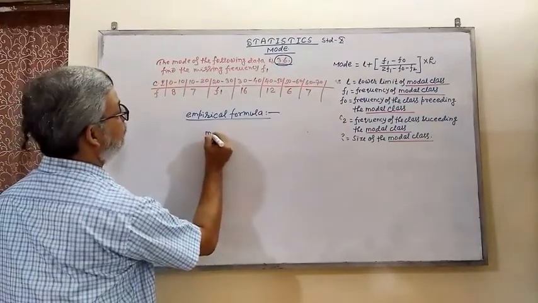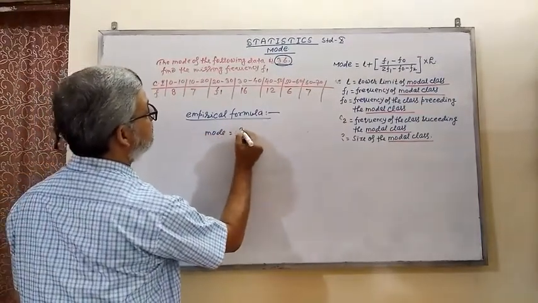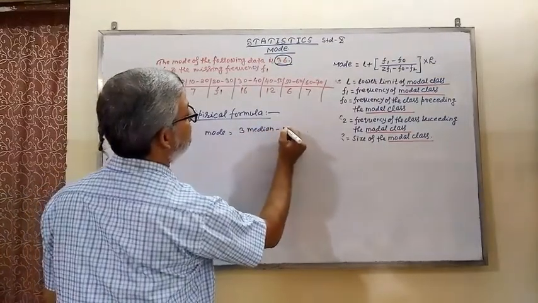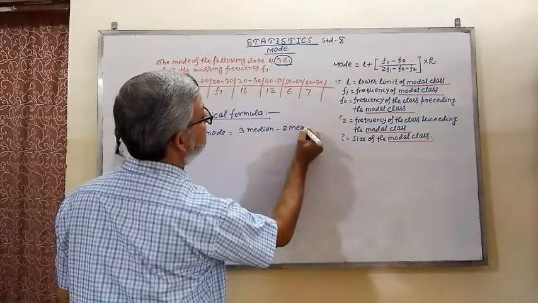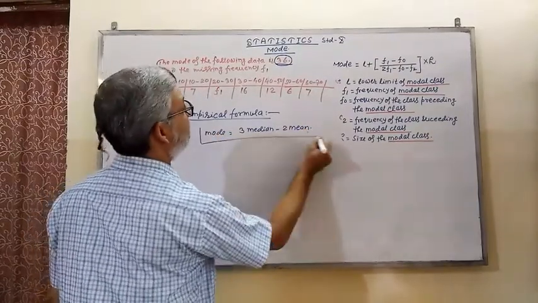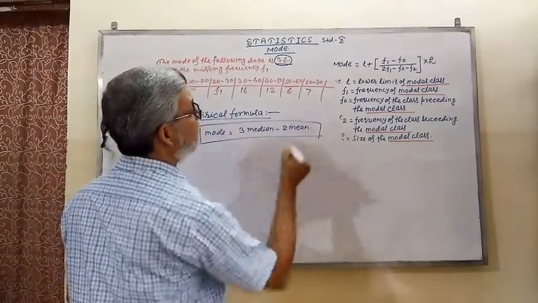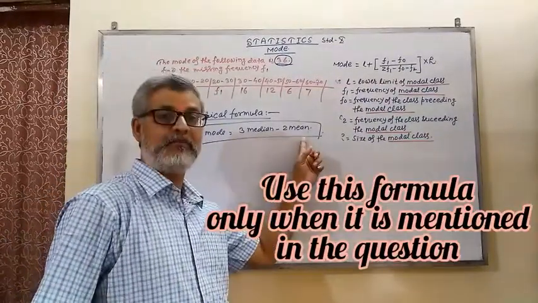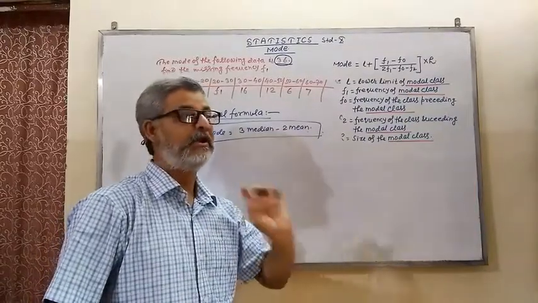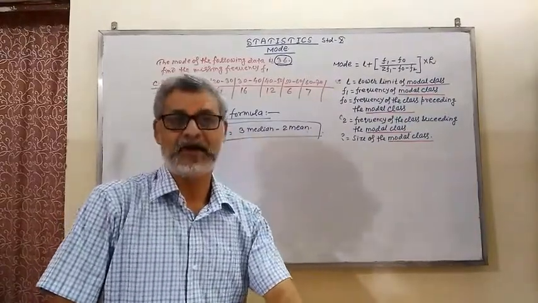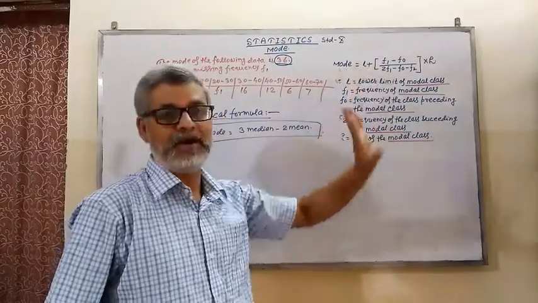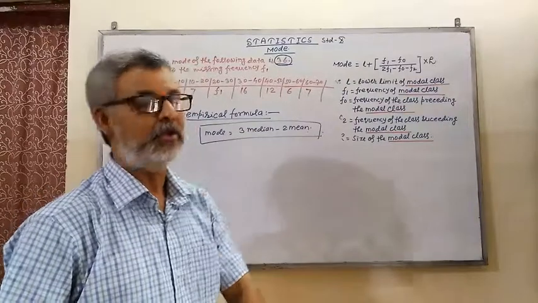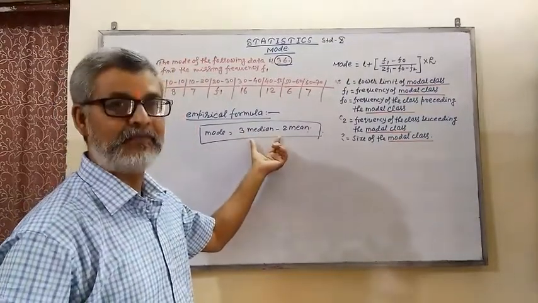Empirical formula: mode is equal to 3 median minus 2 mean. This is known as the empirical formula. When it is mentioned in your question, then only use this formula for finding the mode. If it is not mentioned, and it is simply given to find the mode, you can use the earlier formula. But when it is mentioned to find the mode by using the empirical formula, then only find it by this formula.